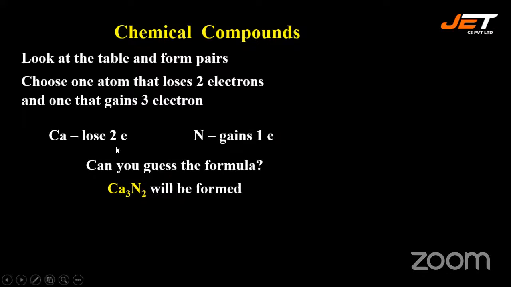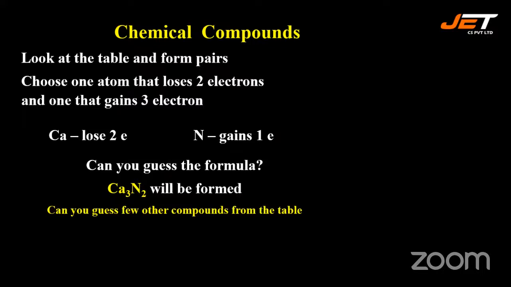Because you can obviously argue, ma'am, calcium is losing 2 electrons, nitrogen is gaining 1 electron, so 2 nitrogens will be there, N2, but calcium should be 1. Why are there 3 calcium and nitrogen is 2? We will be learning about this in the next classes, most probably.